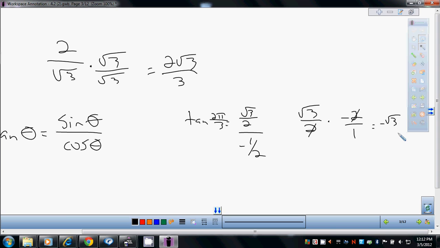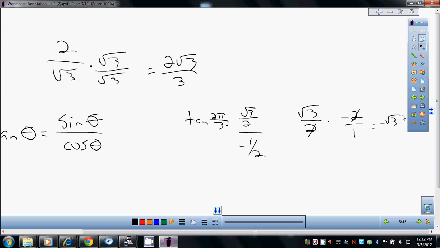Now, if you notice in the first quadrant, they've got all the tangents laid out for you. They tell you what it is. It wouldn't take you very long to go around and finish drawing it in, so you wouldn't have to look it up every time, but that's completely up to you. And then cotangent would just be the flip of that. It would be negative 1 over radical 3, which you'd have to rationalize.